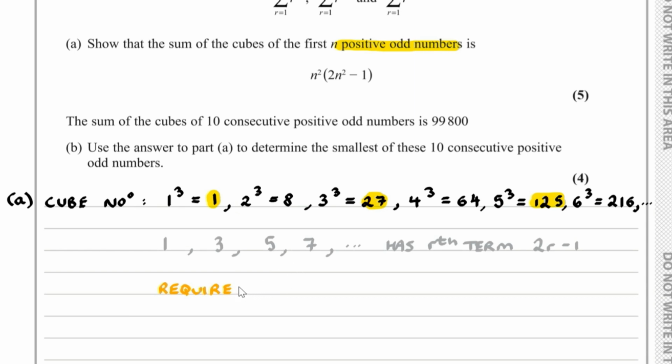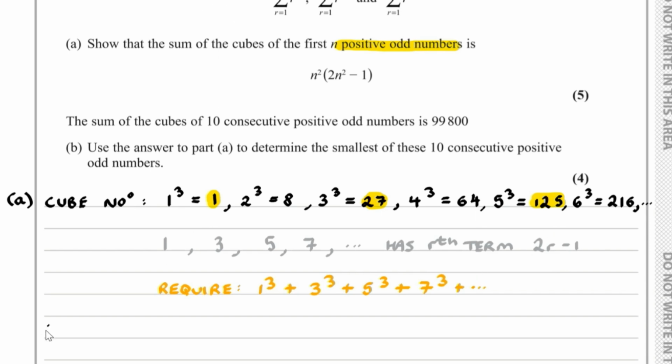So we require 1 cubed plus 3 cubed plus 5 cubed plus 7 cubed, continuing. So in general, we require the sum of all this from r equals 1 to r equals n.